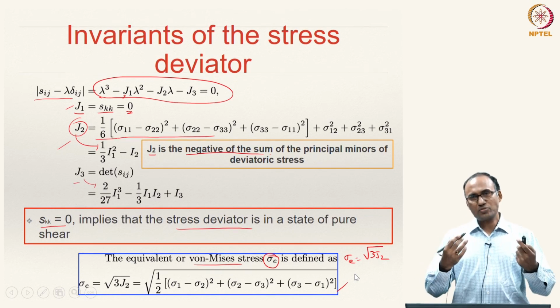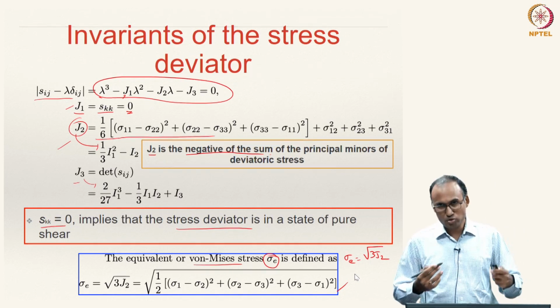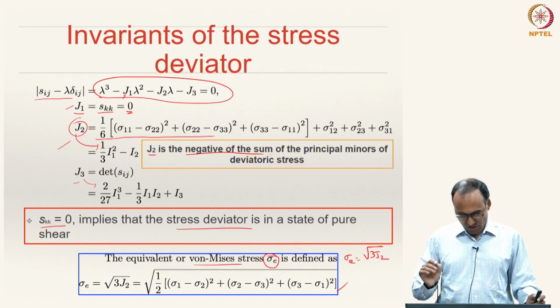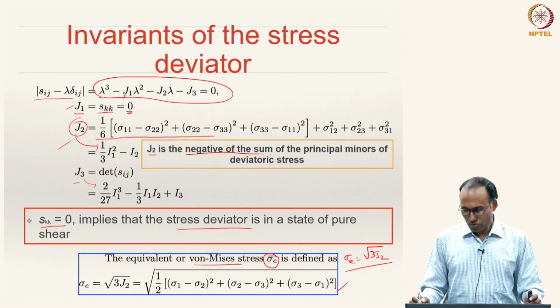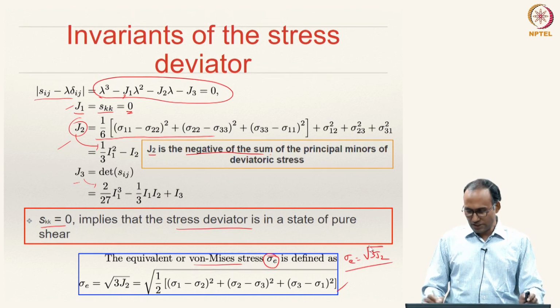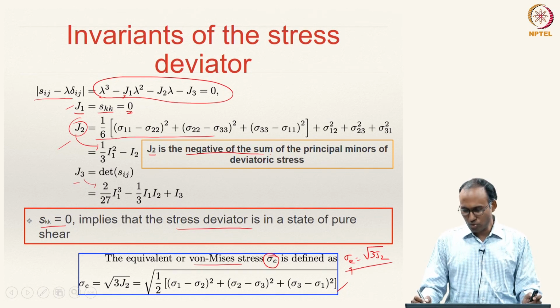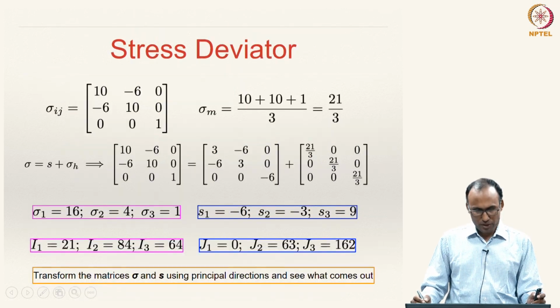So, the previous expression is also correct, sigma 1 square plus sigma 3 square minus sigma 1 sigma 2 minus sigma 2 sigma 3 minus sigma 3 sigma 1, that is also equivalent, you can write either way. So, if you know the second invariant of the stress deviator, then you can calculate the equivalent stress right away, as sigma E equal to square root of 3 J2, alright.